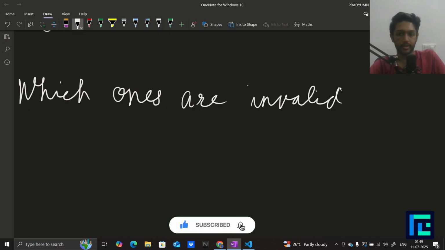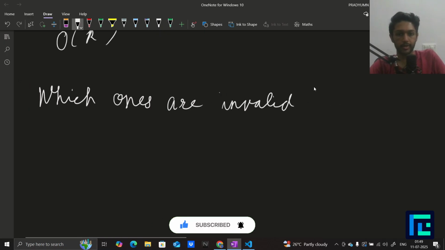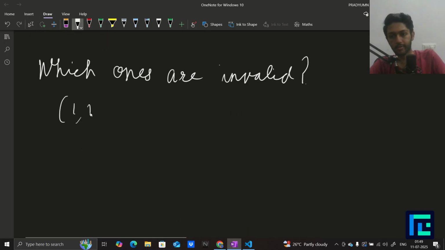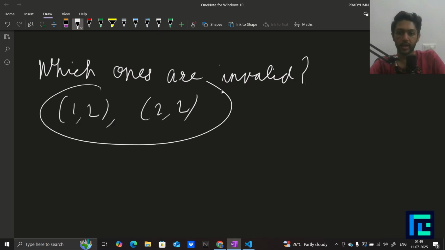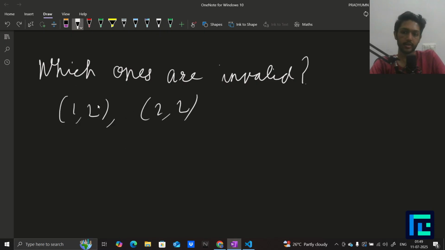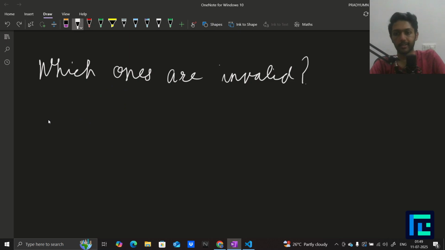Basically, which pairs of couples are invalid? If I take 1, 2 and 2, 2, it is invalid, because the girl is common in both of them. So the invalid ones have either a boy common.